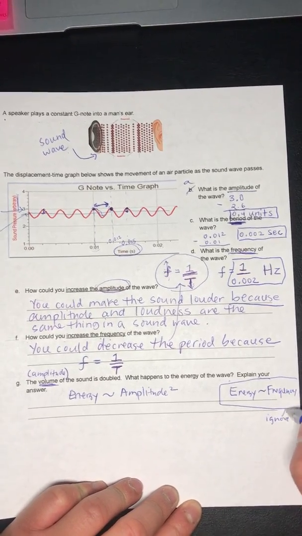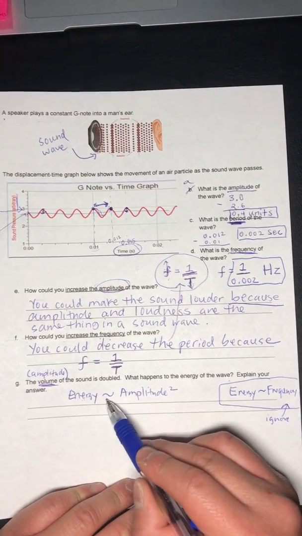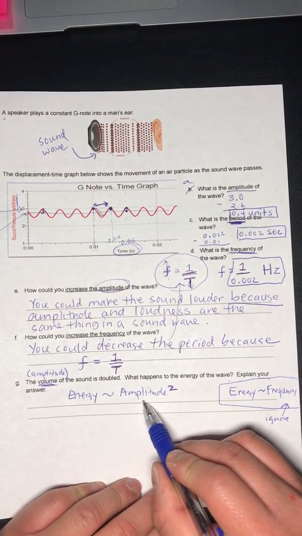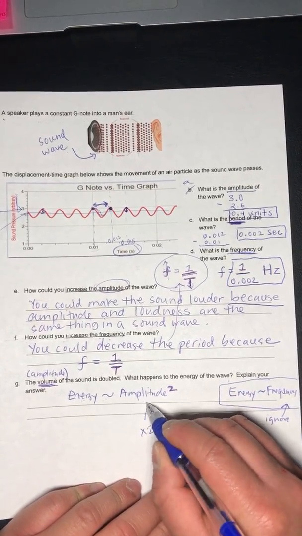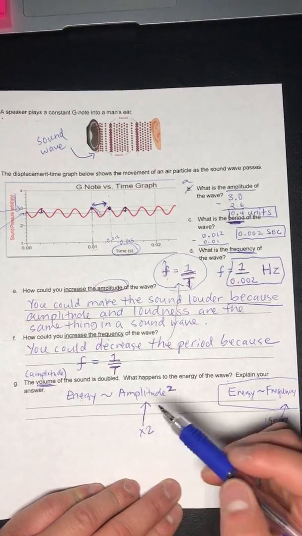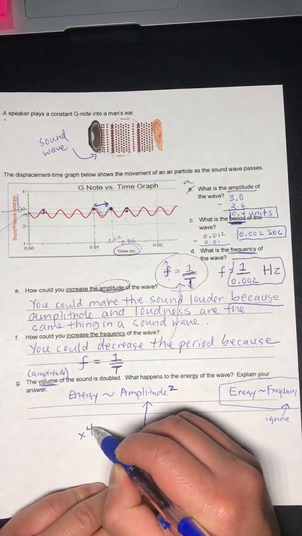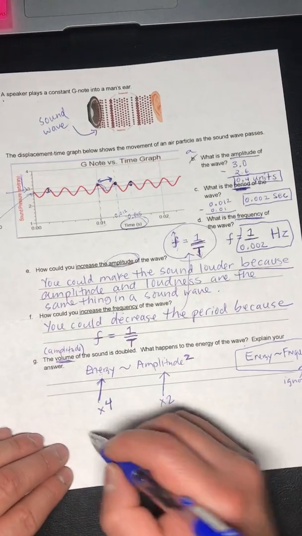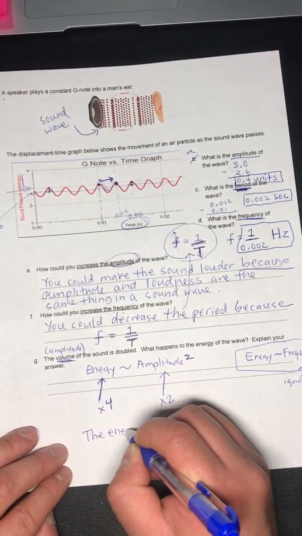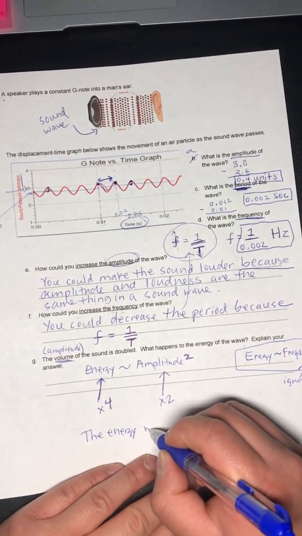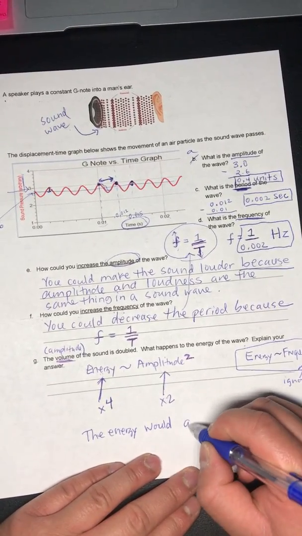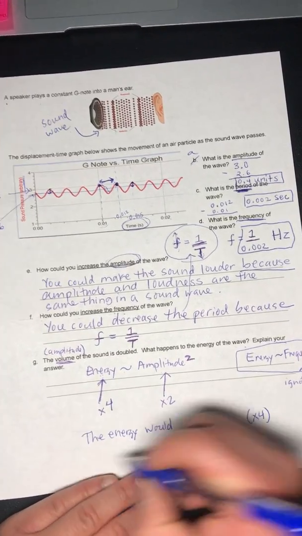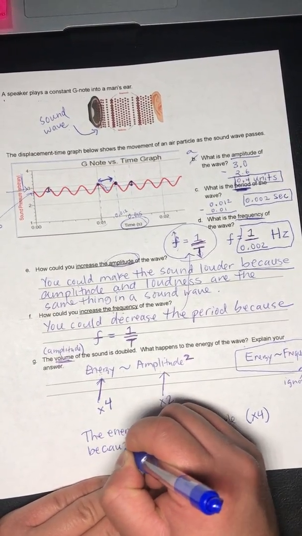Ignore. So as you can see here, energy is proportional to amplitude squared. So if the amplitude doubles, times 2, what happens to the energy? The energy is quadrupled, times 4. So you would say the energy would quadruple, which means times 4, because of this relationship.